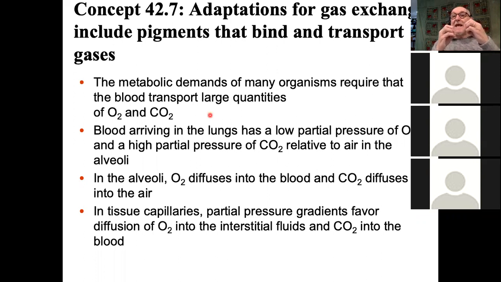But when you take that same oxygen hemoglobin combination, which we refer to as oxyhemoglobin, and put it into a situation where oxygen levels are low, it will give up the oxygen. It will liberate the oxygen from the molecule. So as long as there is high oxygen, it binds it efficiently. Take it somewhere where the oxygen levels are low, it releases it efficiently.